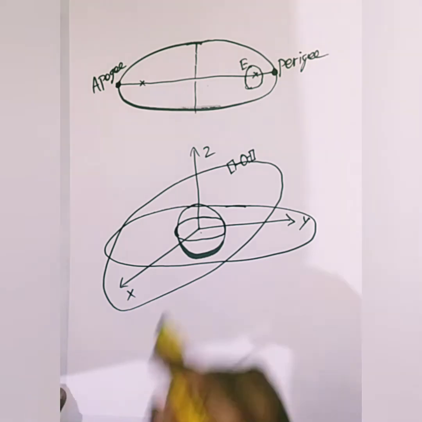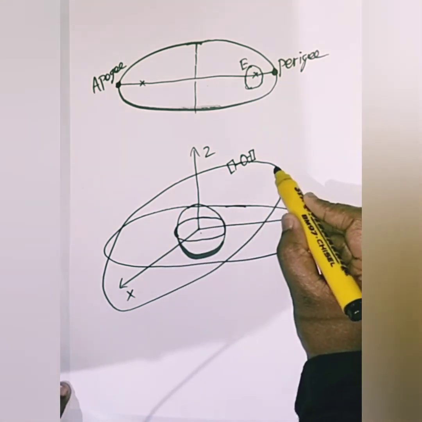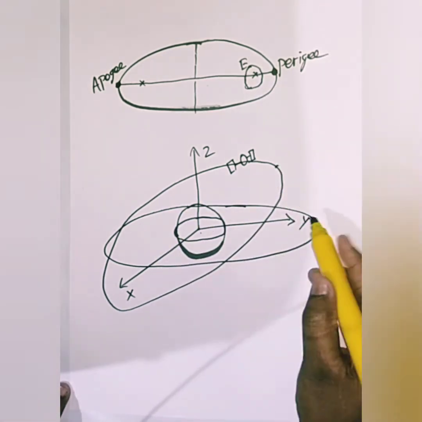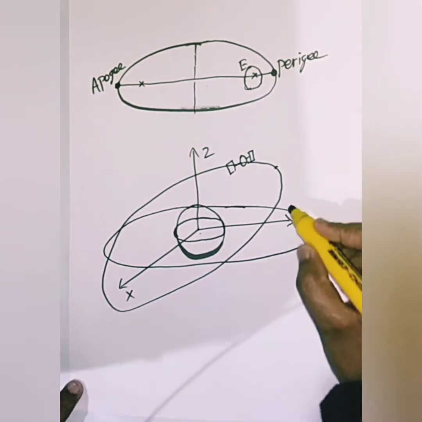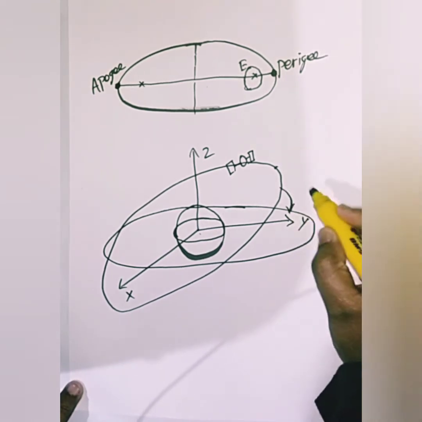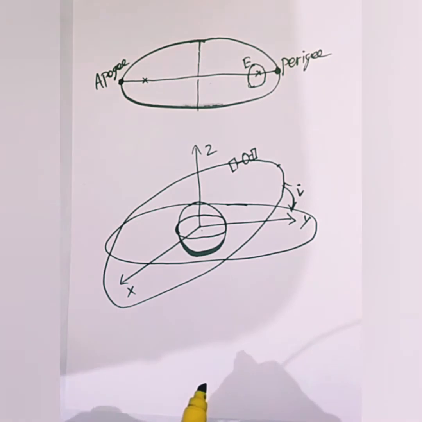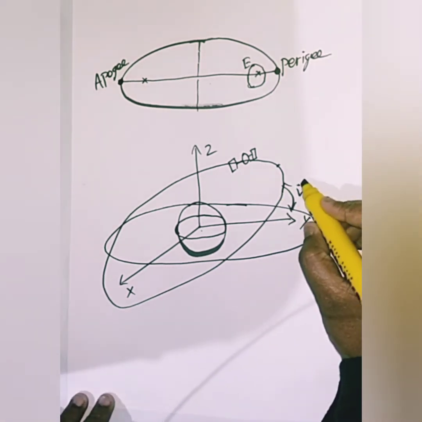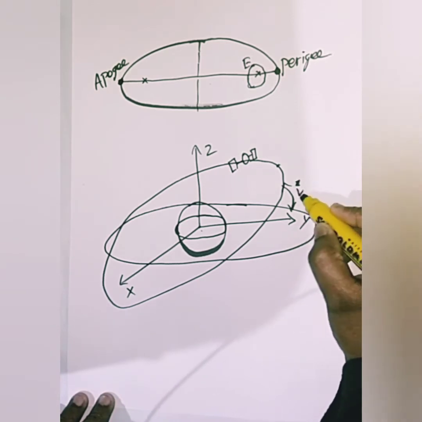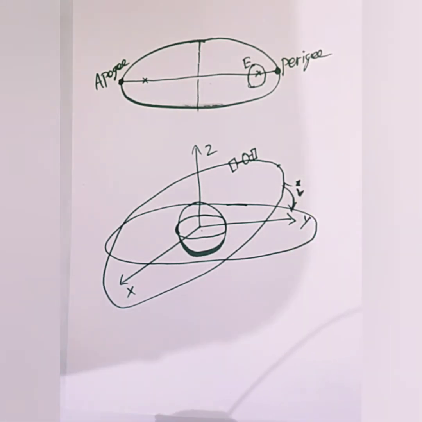So the angle between this orbital plane and this equatorial plane is called inclination, and it is denoted by the letter i, small i.